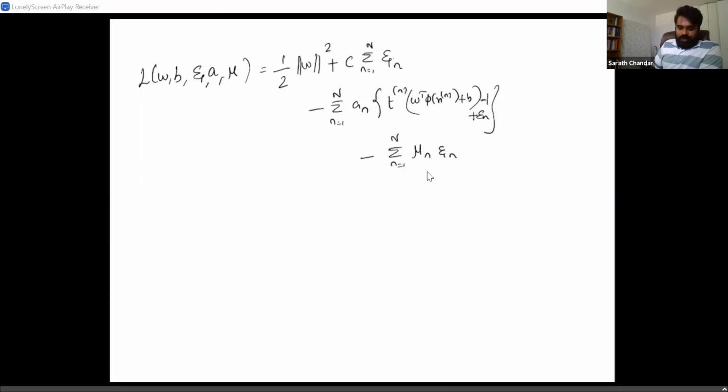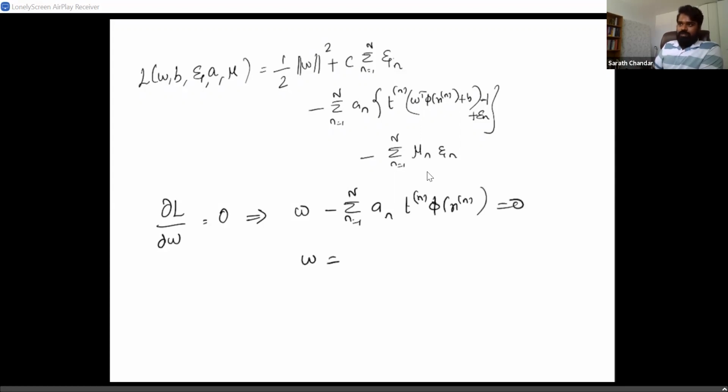Now what is dou L by dou W equal to 0? The first term has W, and there is no W in the second term, so it looks very much like the previous solution. Now this becomes minus summation over n equals 1 to N of a_n t_n phi(x_n) equal to 0.